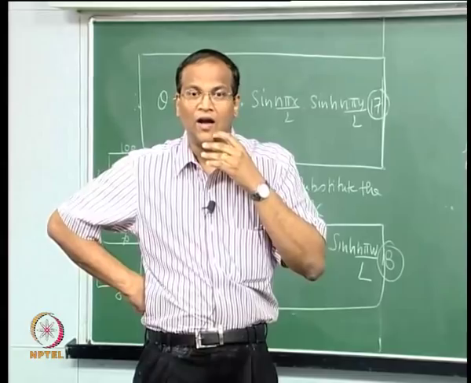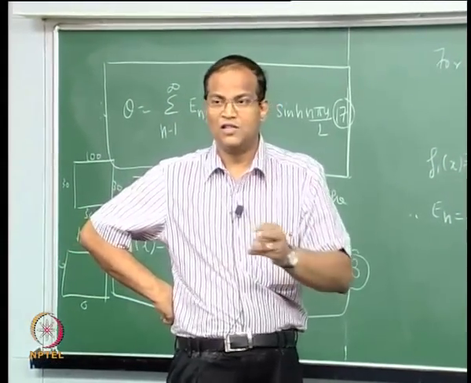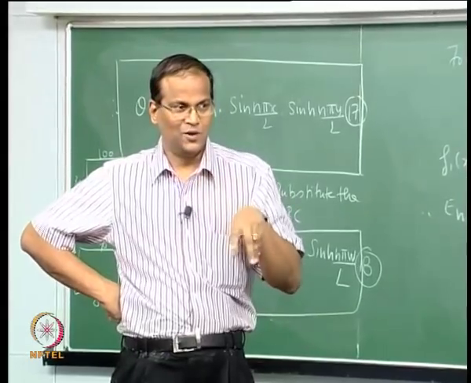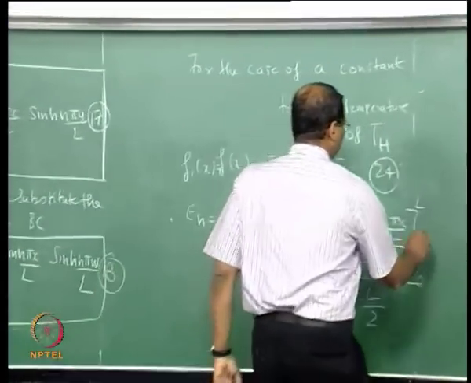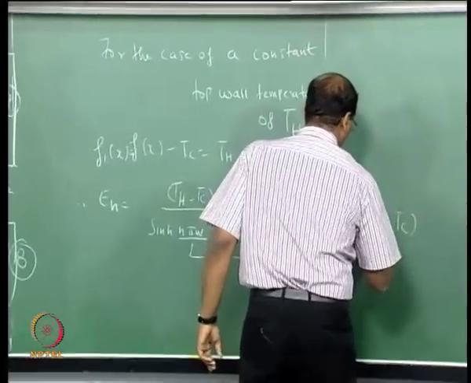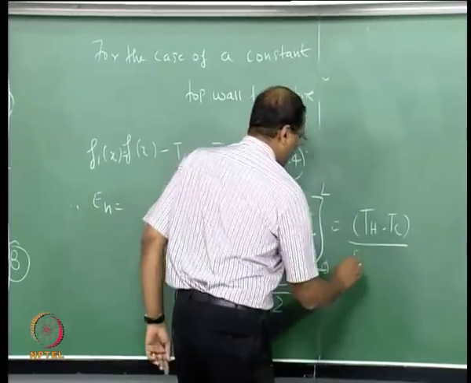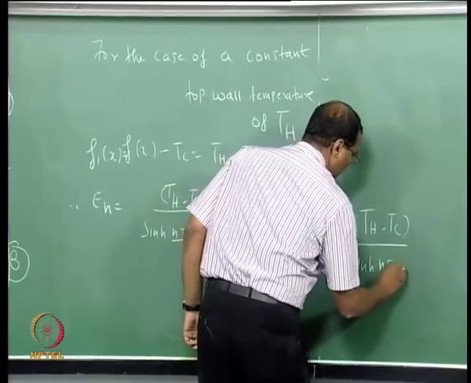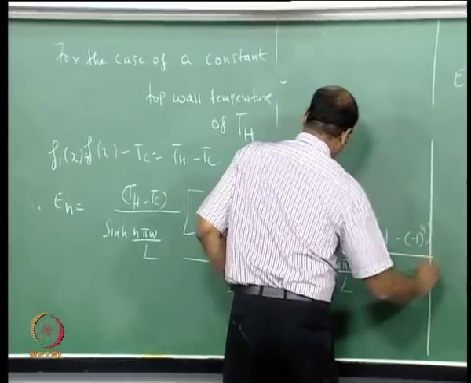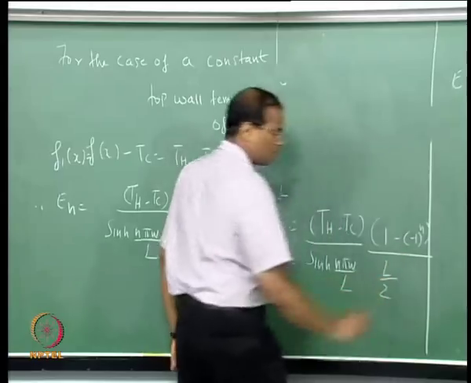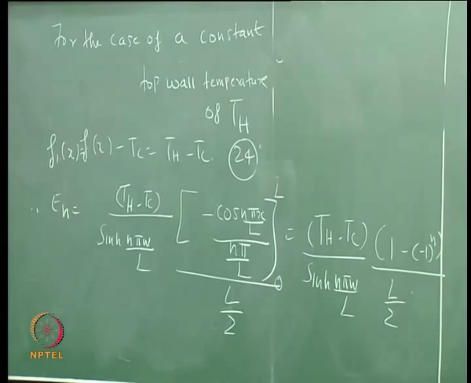Why? Odd and even it will change. 180, 360, 720, it will alternate. So it will be something like this.